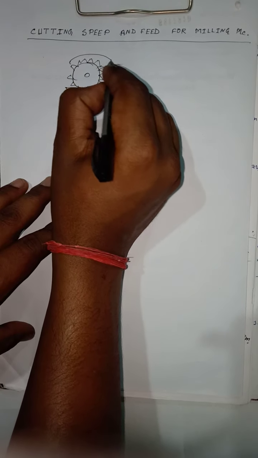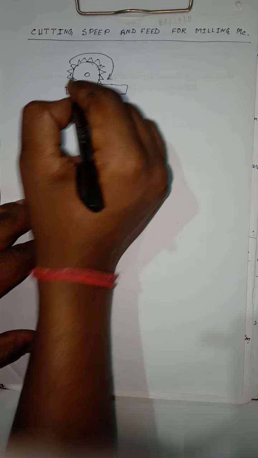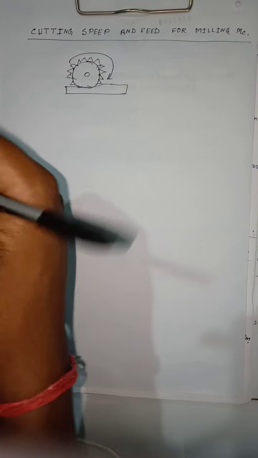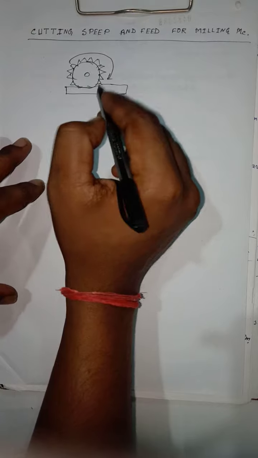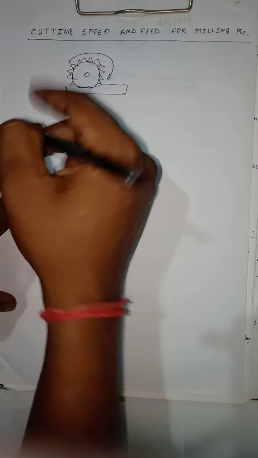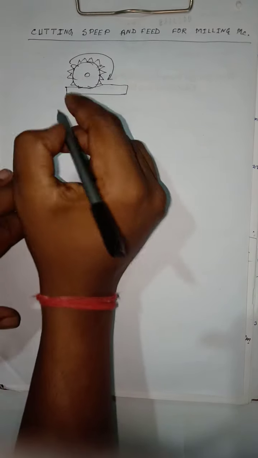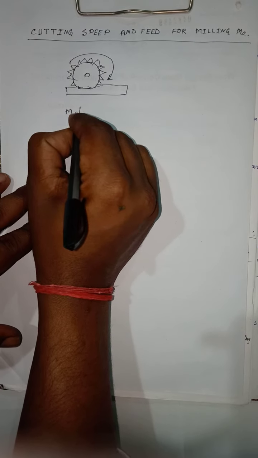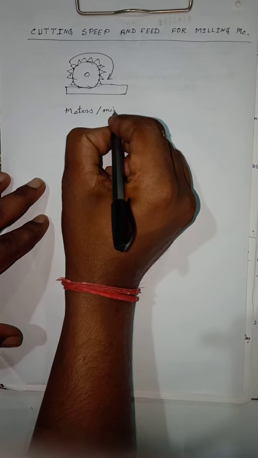That means the circumference of this cutter is the cutting speed, and it is expressed in meters per minute.